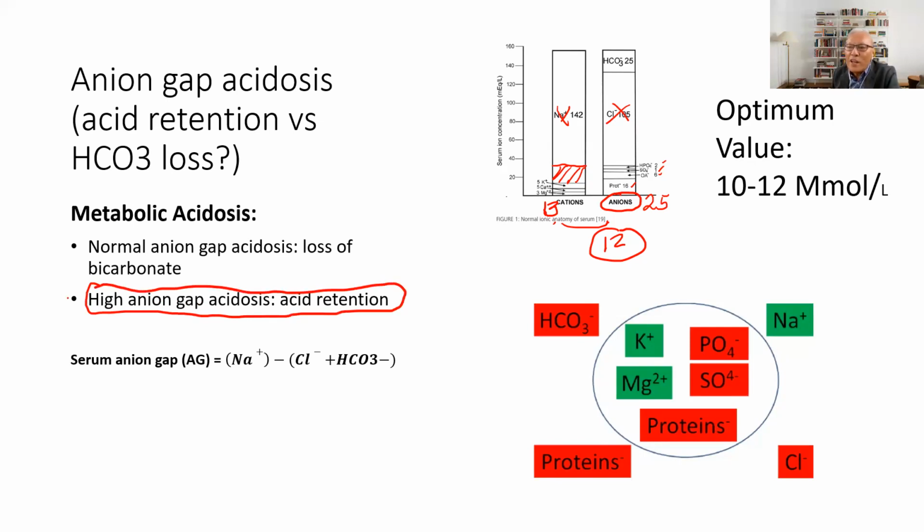This is what is present when you have diabetic ketoacidosis. So your anion gap must return to 10 to 12. That is the object of your therapeutic interventions in patients with diabetic ketoacidosis.